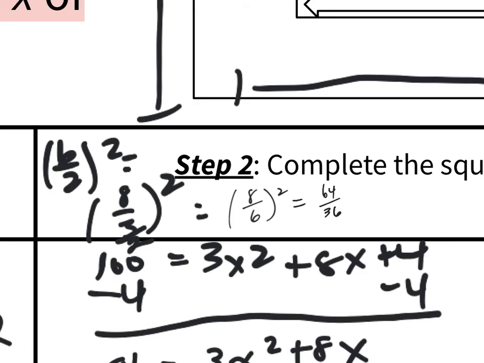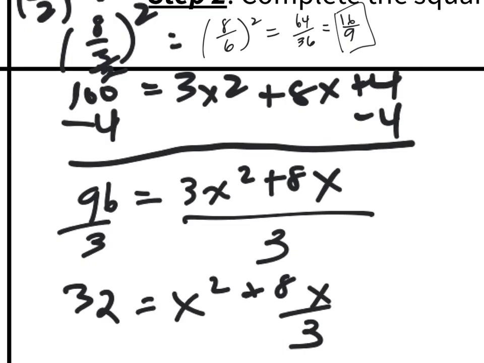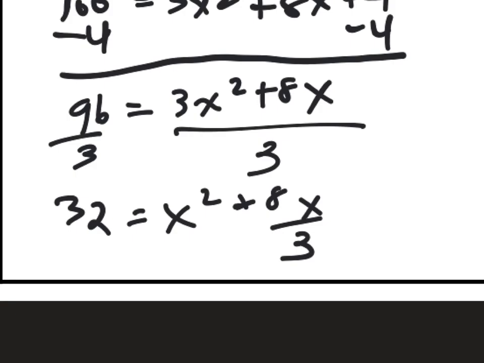I'm going to simplify that a little bit more. In simplest form it's going to be 16 over 9. So this is going to be the value that I complete my square with. So if we actually complete the square, I'm going to add 16 over 9 on both sides.